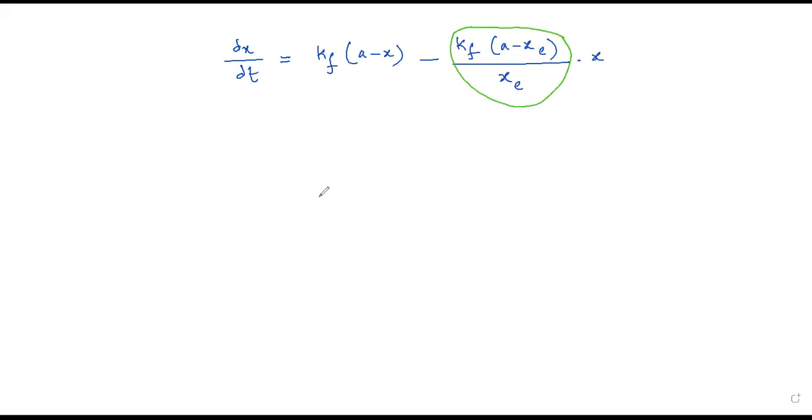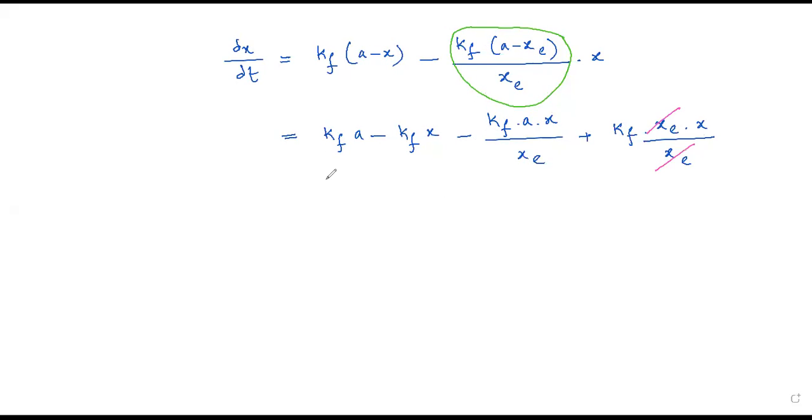Now this can be written as kf into a minus kf into x minus kf into a into, of course, x by xe, right? Just expanding the things, plus kf into xe into x by xe, but xe gets cancelled, right?